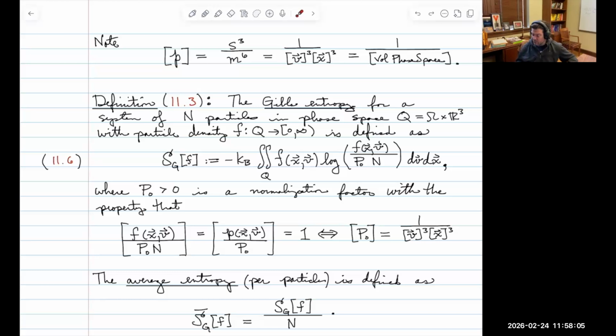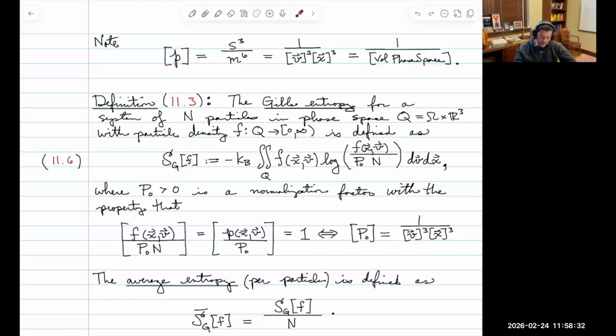In the case where we had just discrete energy levels, our f function was that N sub j. It was already unitless, it just had units of number. And so when I divide it by N, it's definitely still unitless. But we just said that p and f both have units of 1 over phase space.